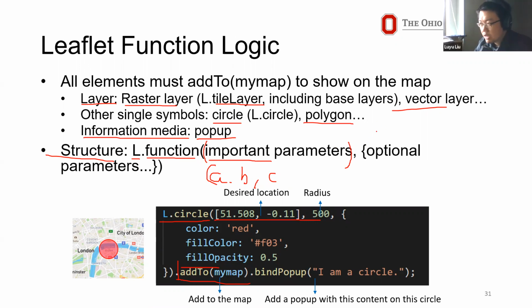And the final one is usually written as a single parameter, which is a large chunk of structure of different parameters written as key value pairs. These parameters are called the optional parameters, usually about styles, colors, or opacities. These are the not very important ones in terms of how to define the object itself, right?